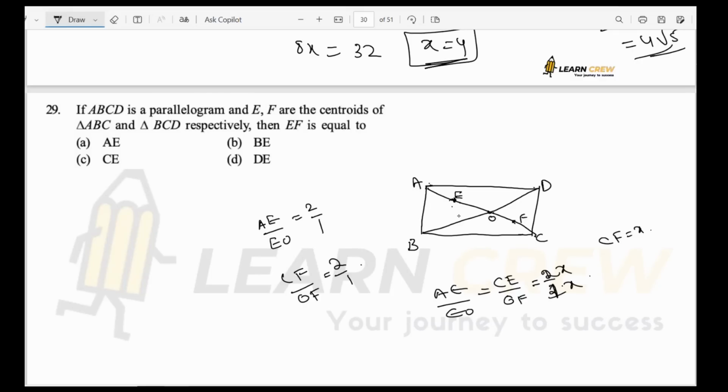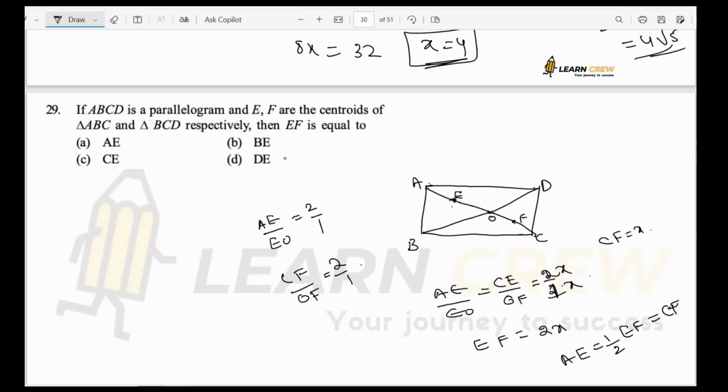Now the question is, what is EF? EF is nothing but 2x. AE would be half of EF, which is CF.